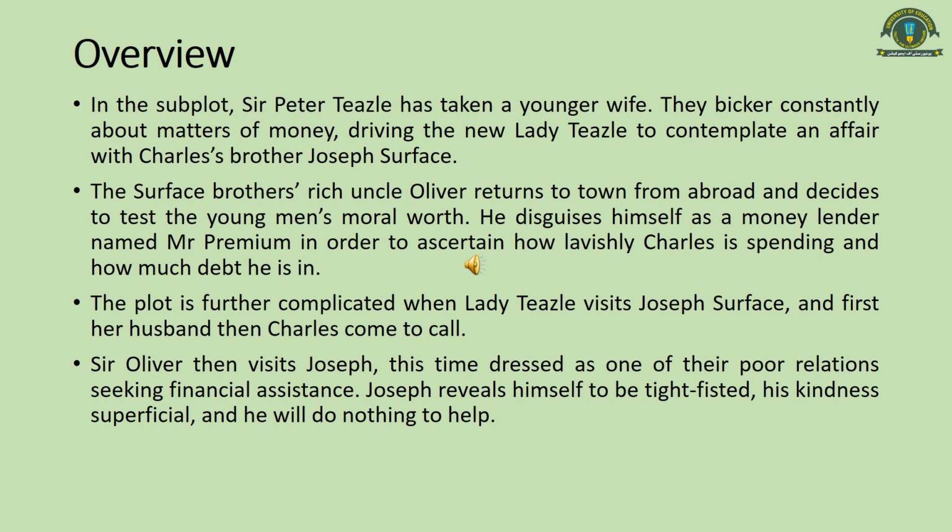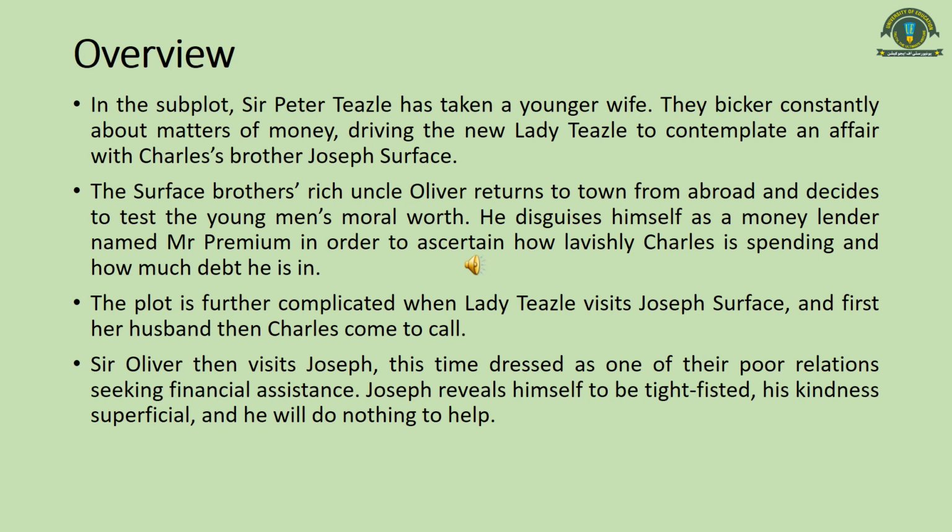but Oliver's anger is calmed when Charles refuses to sell the painting of him. The plot is further complicated when Lady Teazle visits Joseph Surface and first her husband, then Charles come to call. This leads to characters hiding in closets and behind screens. So Oliver then visits, this time dressed as one of their poor relations seeking financial assistance.